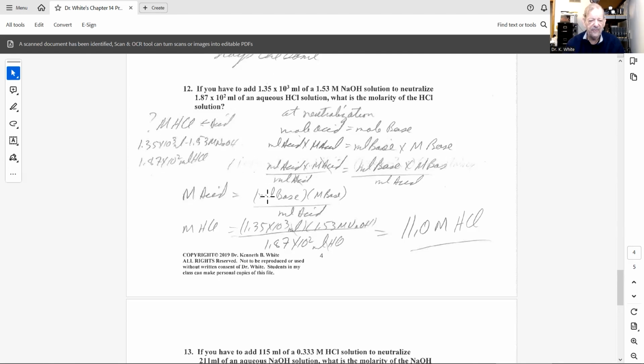So we want that alone on one side, and I made a mistake here. This line should be over here, not there. To get rid of the milliliters of acid, divide by it. Whenever I divide one side, I do the other. So we now have, since milliliters of acid over milliliters of acid, ignore this line here, it should be over here.